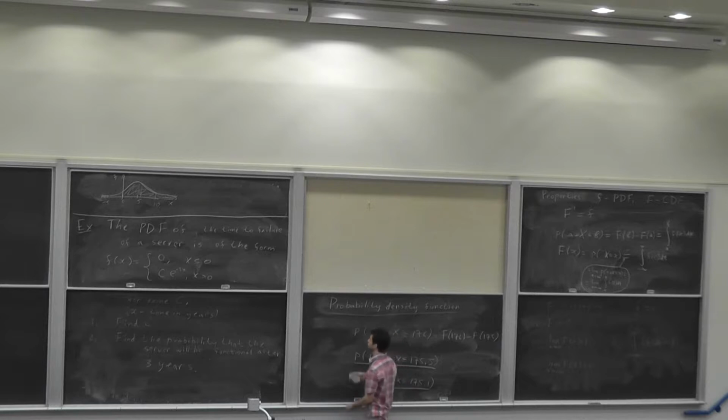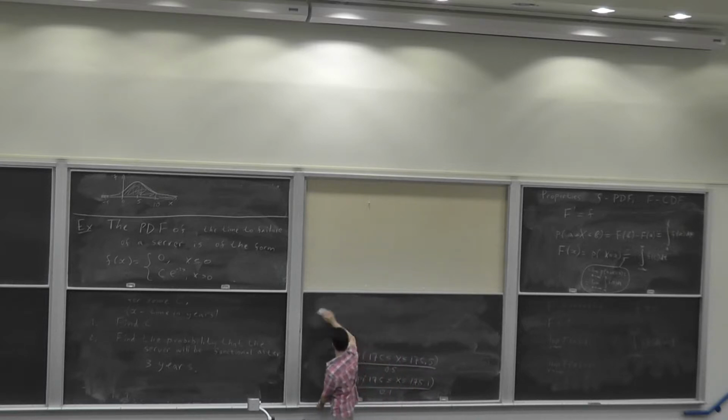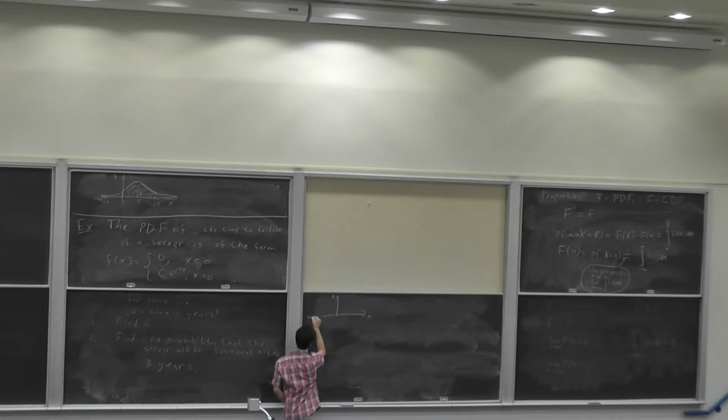Let me draw a graph of this function. It is 0 for negative x, which is reasonable.